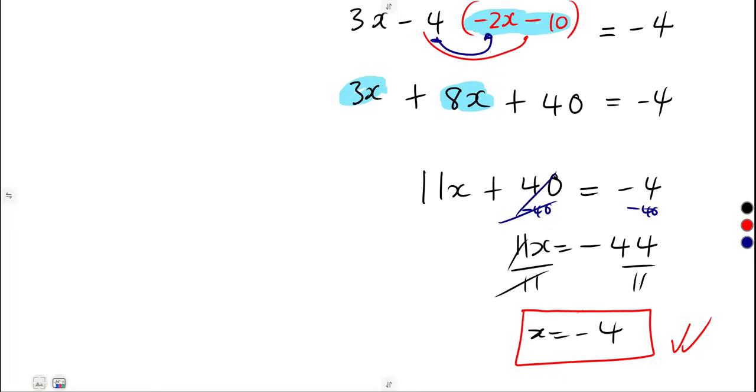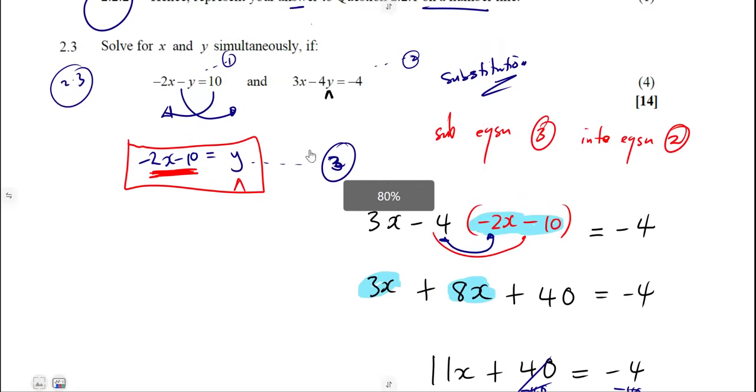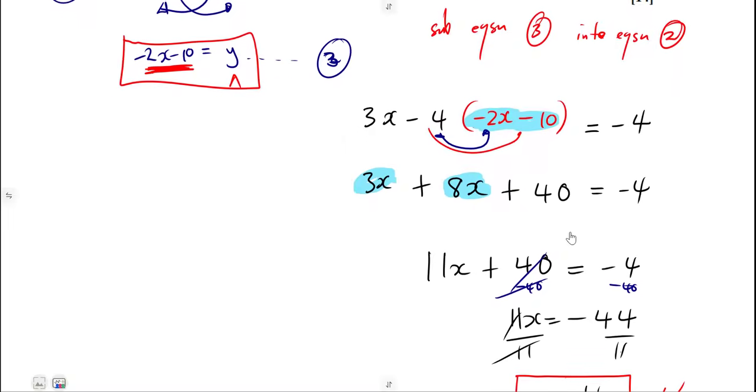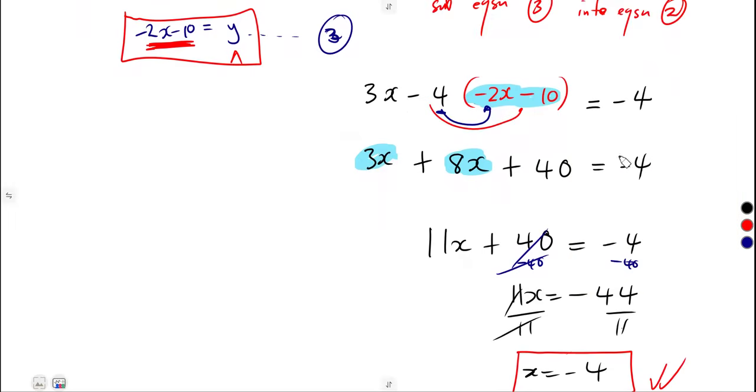With the value of x that we have here, we can now substitute it back in any of these equations, equation 1, equation 2, equation 3. So we can see that equation 3 is the best, as y is the subject, since we need to calculate the value of y there. From our equation 3, y is equal to what? -2x minus 10. So it's -2 into x. What is the value of x? x is minus 4.